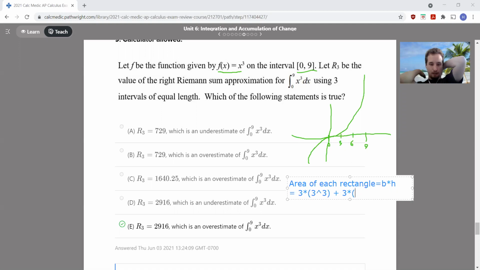For the second interval, the function is x to the third, so it's going to be 6 to the third when you plug in the 6. And then the very last height is going to be 9, so it's going to be 9 to the third.